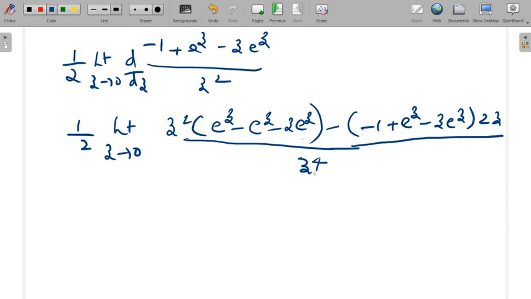Okay, so cancel the terms that you can cancel. Nothing wrong with this expansion. I can cancel z square e raised to minus z.